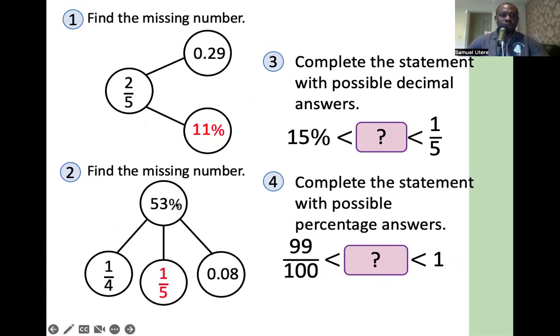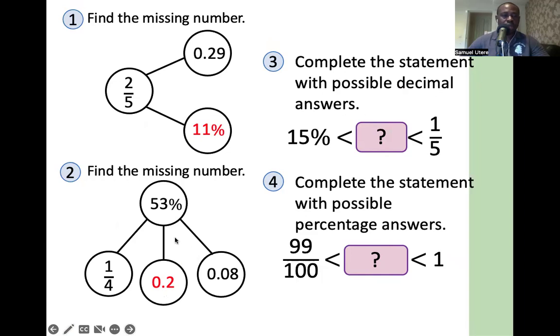This one we have 53%. This one is 25%. Okay, and then this one is 8%. So it's like saying 53 minus 25 minus 8 will give us whatever is left here, and that will be 0.2 or 20%.